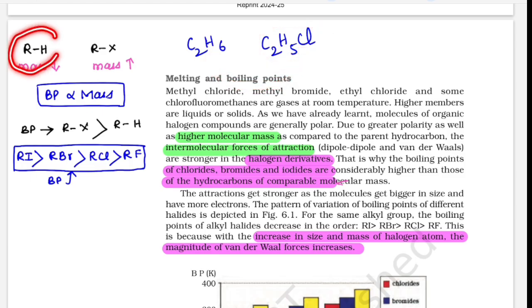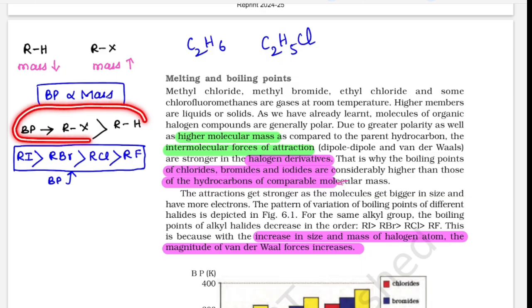See here, because the mass of the hydrocarbon will be less when compared to the mass of the haloalkane. So if the mass is high, the boiling point is high. So remember this trick. Boiling point is directly proportional to the mass. If mass increases, boiling point also increases. So the mass of the haloalkane will be high, therefore the boiling point also will be high, and the boiling point of hydrocarbons will be less.